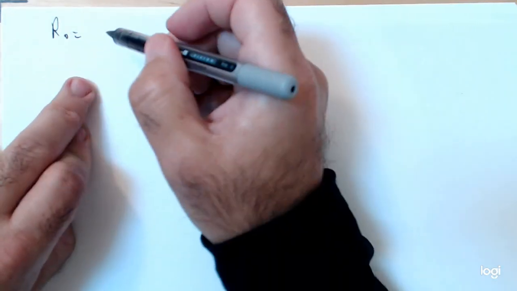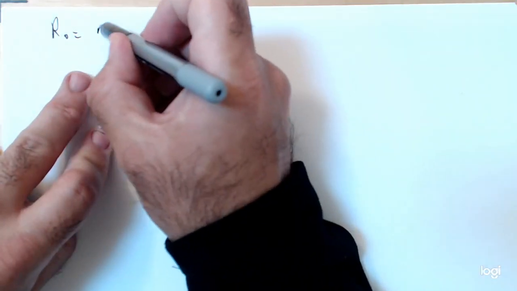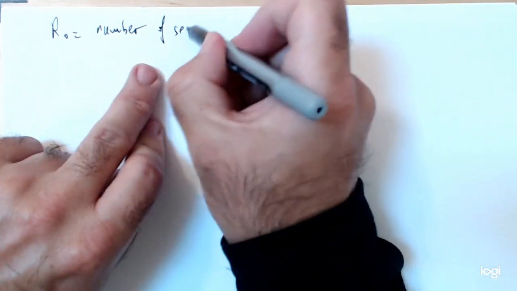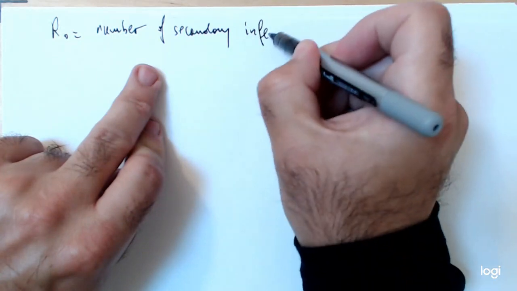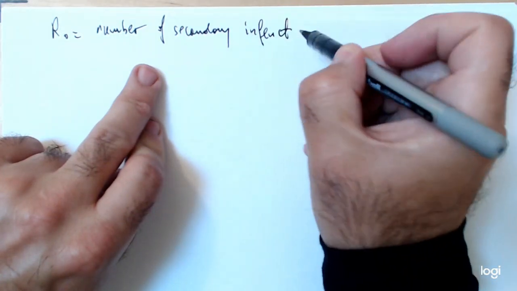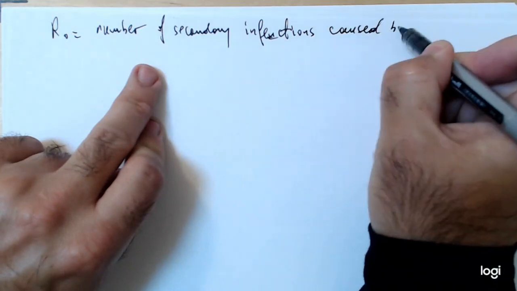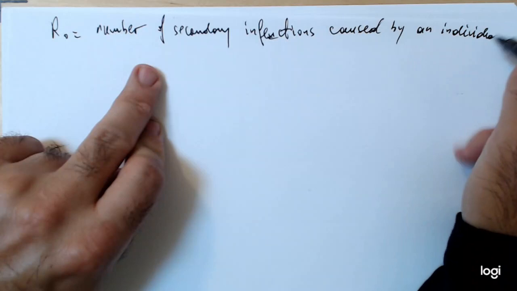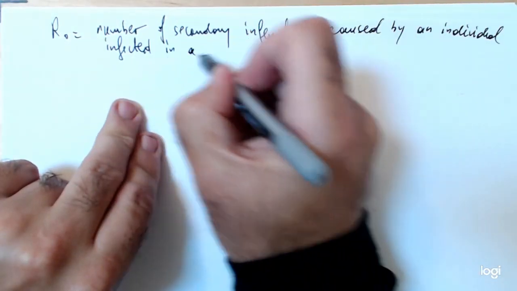Typically R naught, and I mentioned this before in other models, is the number of secondary infections caused by an infected individual in a healthy population.